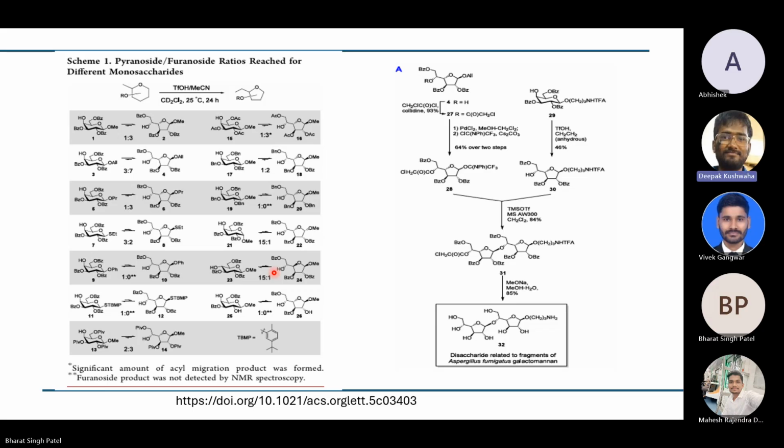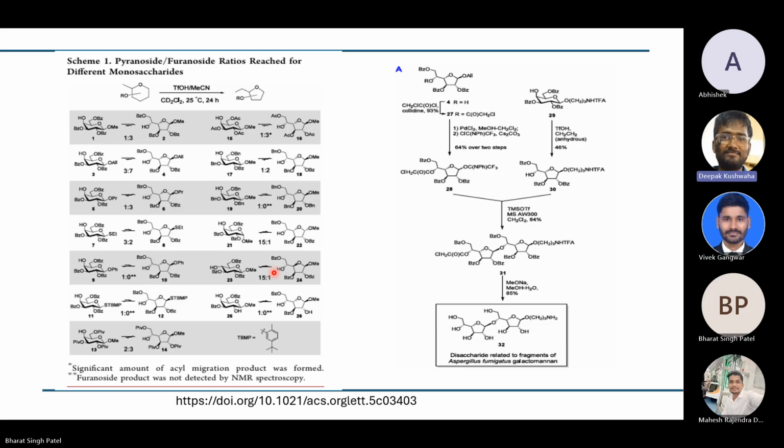Nice presentation, Bharat. So by now what we understood is that this is happening mostly in galactose only. We already know that galactose is known to stay in the furanose form, maybe because it is thermodynamically more stable. Exactly, the roles of thermodynamics and kinetics are both there.